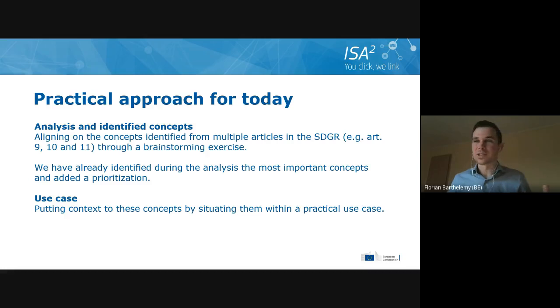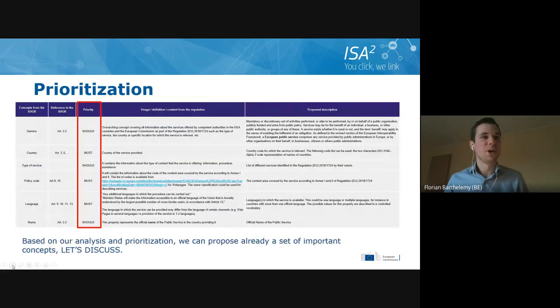For the sake of the exercise, we have limited the number at the beginning to a smaller set. You will see that in Mural. And also to ease the discussions, we have put most of those elements as part of one use case that Ana Rosa was referring to. So the idea is really to focus on this right now.